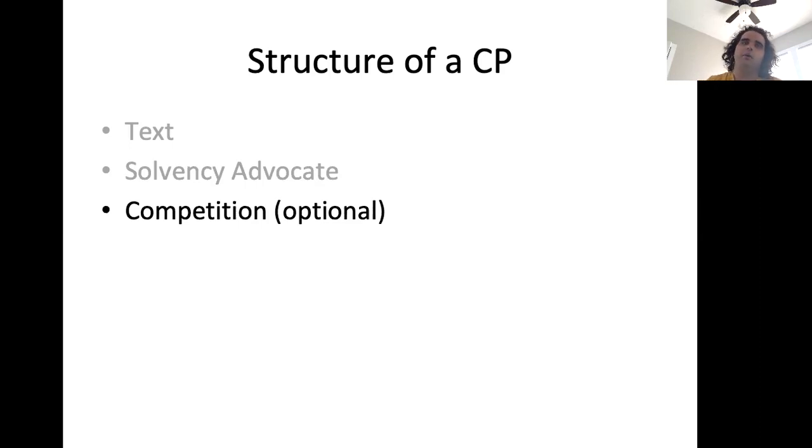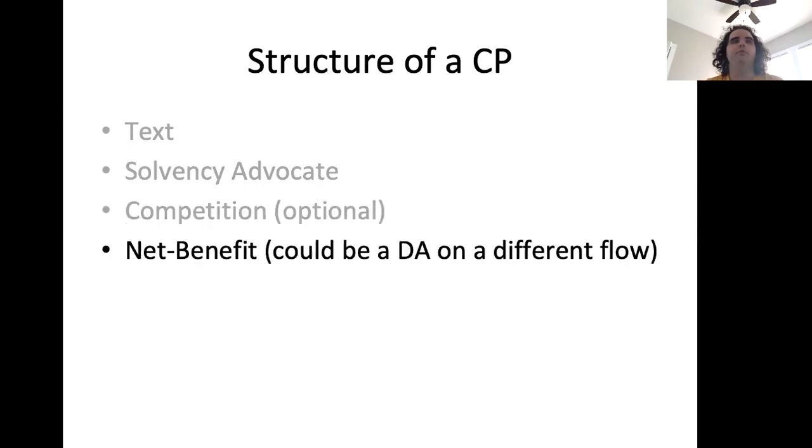And then finally, you have to include the net benefit. This could be a disadvantage on a different page; it doesn't always have to be in the counterplan. But this is the reason why the counterplan is a better idea than the plan. Usually this takes the form of a disadvantage to the plan, something that the plan does that's bad, but the counterplan doesn't do the same thing. It doesn't do whatever the plan did that was bad.